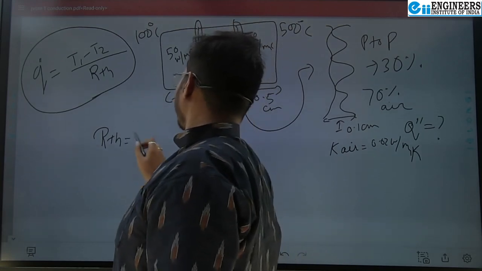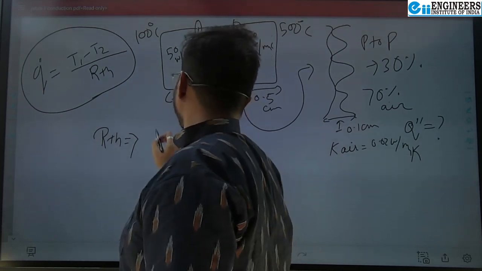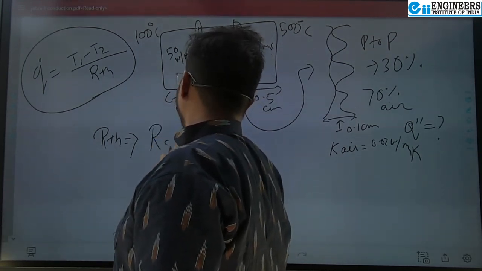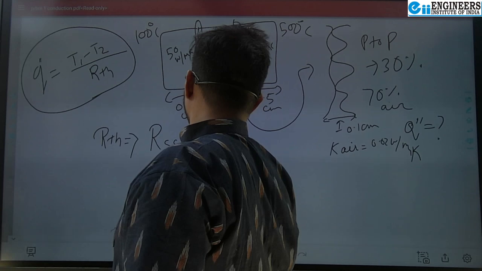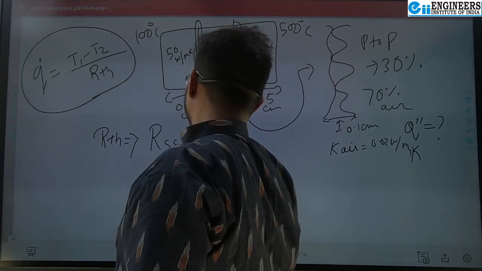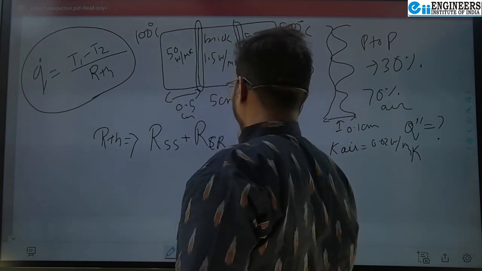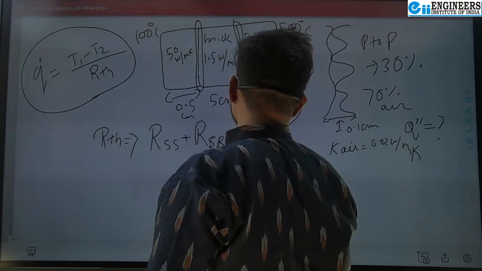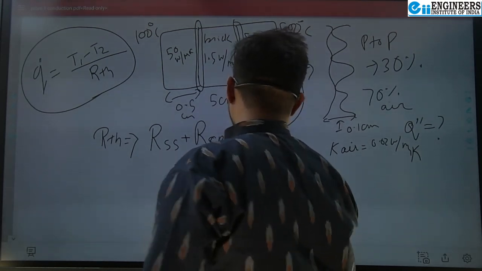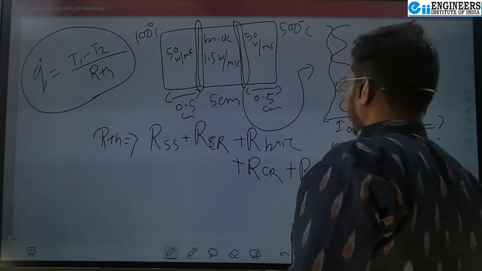The total thermal resistance will be the resistance offered by the brick, plus R_SS, plus the contact resistance. That is, the contact resistance, then the resistance due to the steel plate, then the brick, then again the contact resistance, then the resistance due to the steel plate.